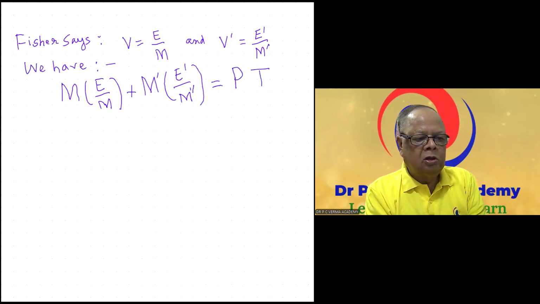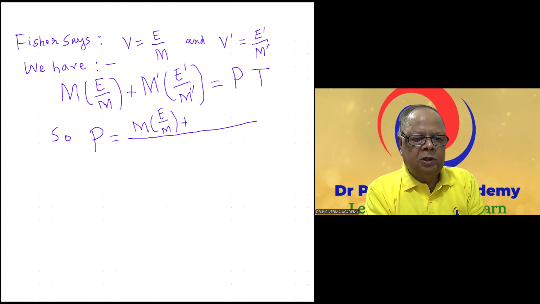So P is equal to M, E by M plus M dash, E dash by M dash, by T.